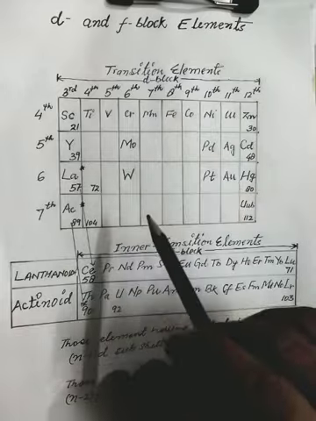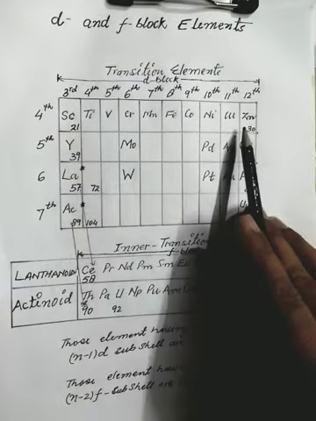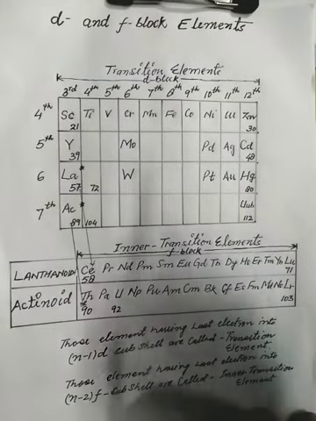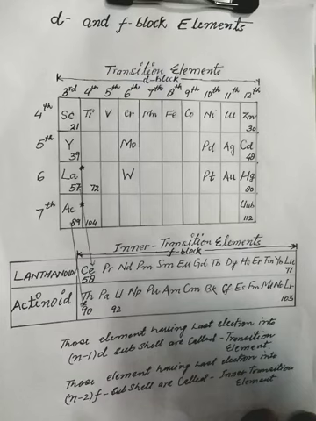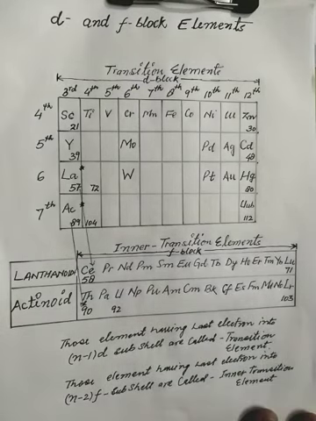Now here, this is the first transition series, scandium to zinc. Here you must know the electronic configuration. Electronic configuration will help you to define transition elements. How will it help you? If you do the electronic configuration according to the modern spdf configuration, you find that those elements are having the last two shells incomplete.